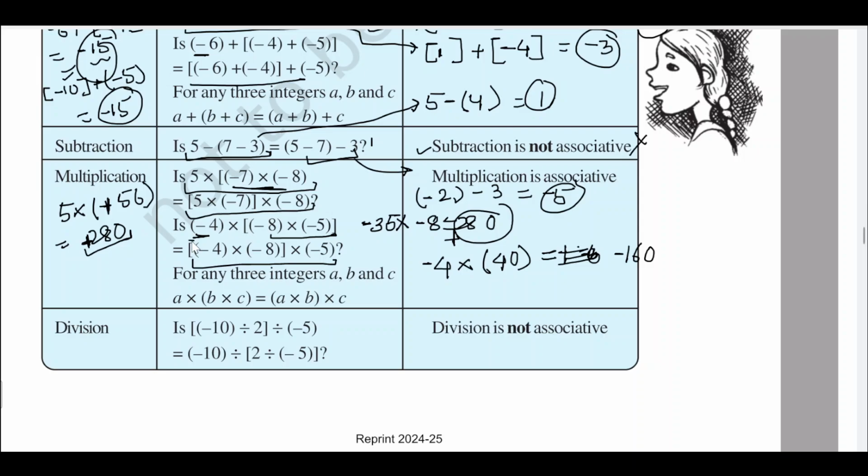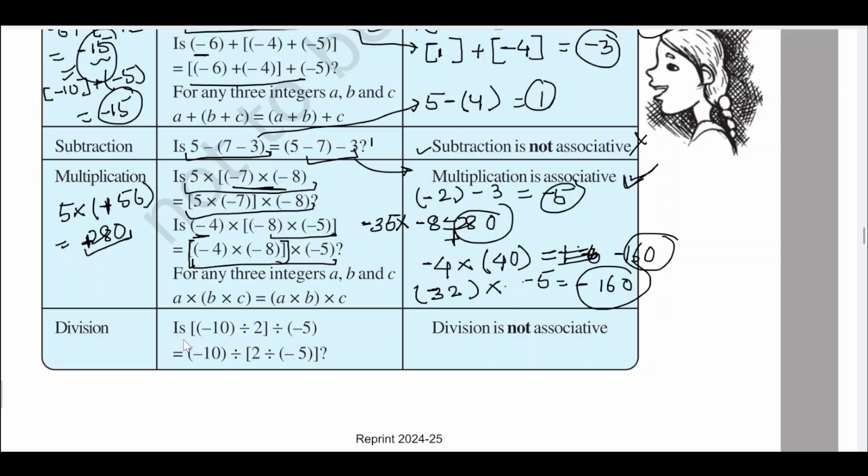First we will operate this bigger bracket. So minus 4 into minus 8 is 32. Minus minus will cut out, into minus 5. We will get minus 160. Okay, so LHS will be equal to RHS. Then we can show multiplication is associative for integers.